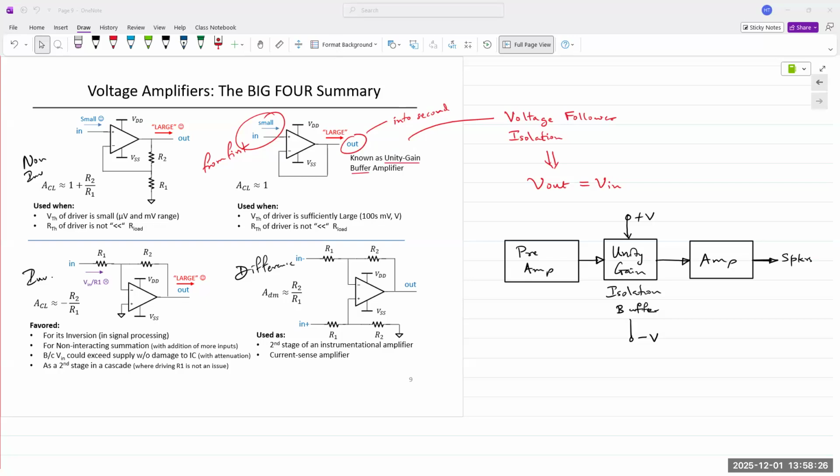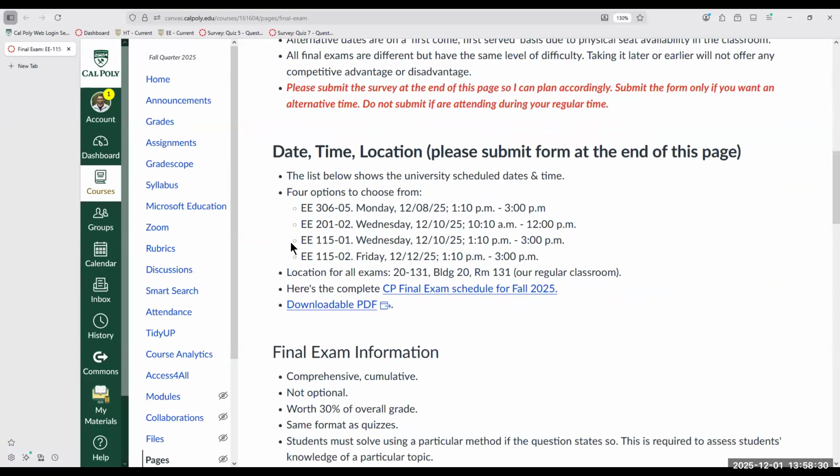We are 11501, so the exam is on Wednesday. It's not going to be 1:10 to 3, it's going to be 1:30 to 3:30. So 2 full hours. You have 120 minutes at your disposal.